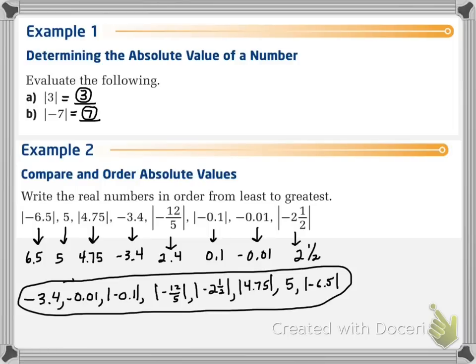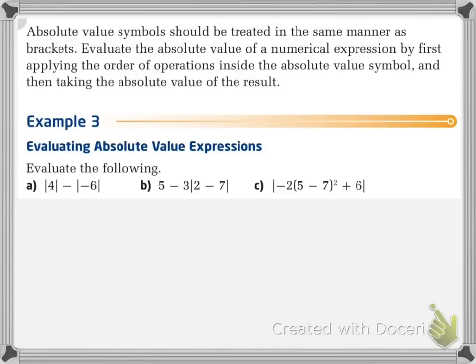There we have it. When you're evaluating absolute values, absolute value symbols should be treated in the same manner as brackets. You evaluate the absolute value of a numerical expression by first applying the order of operations inside the absolute value symbol, and then taking the absolute value of the result. So in our first one, we have the absolute value of 4 minus the absolute value of -6.